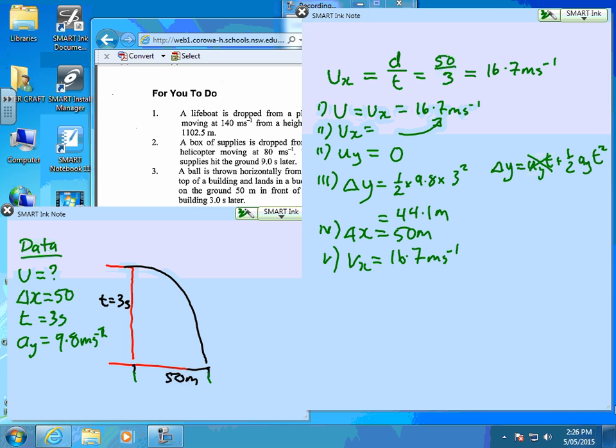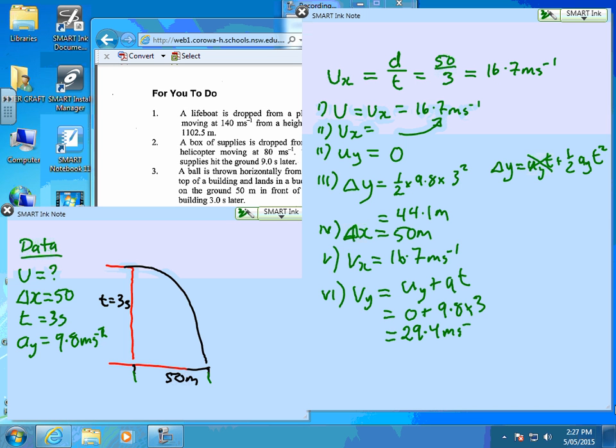Symbol for range, delta x. Now, for the next part we had to find out Vy, its final vertical speed. Now, Vy, as you remember, is Uy plus At, which is just going to be 0 plus 9.8 times 3, which equals 29.4 metres a second.